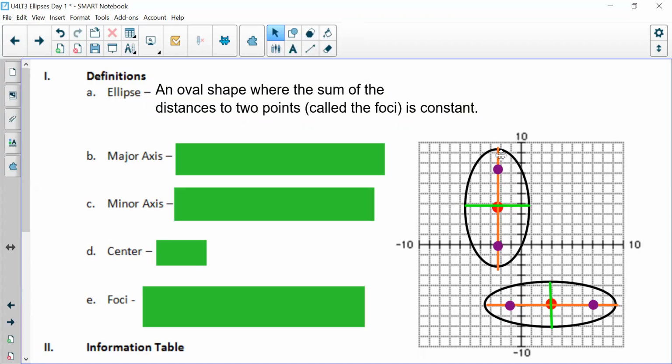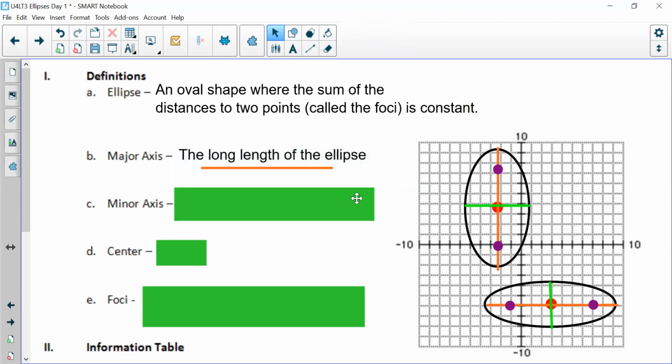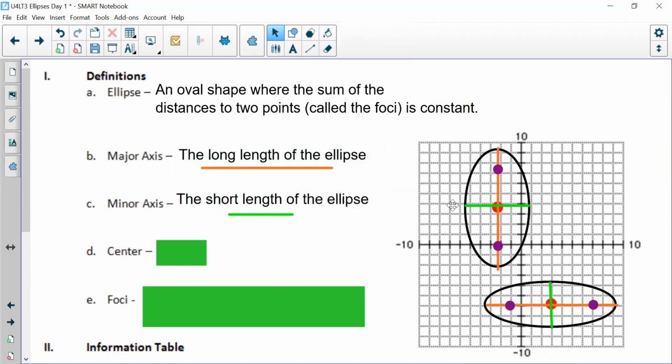The major axis is this orange one. So it could be oriented vertically or horizontally. The green one is the minor axis. So the major axis, you could think of as the long length of the ellipse, and the minor axis is the short length.